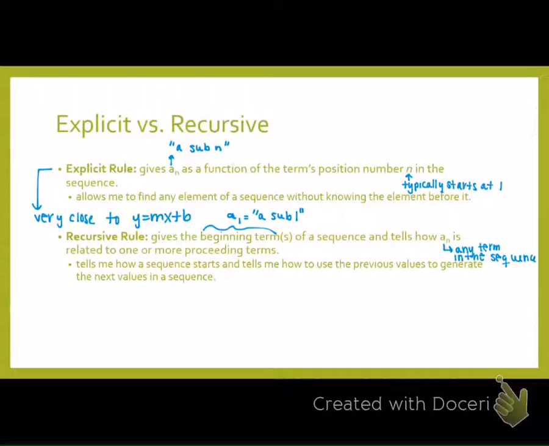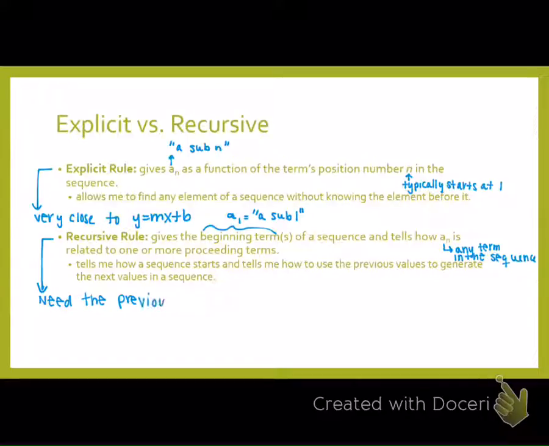This tells me how a sequence starts and tells me how to use the previous value to generate the next values in a sequence. So you can't find everything without the previous value. So this one, you need the previous value to find the next value. So this is not as helpful when you're trying to figure out what position 100 is, because you would need to find all the way through position 99 to figure it out.